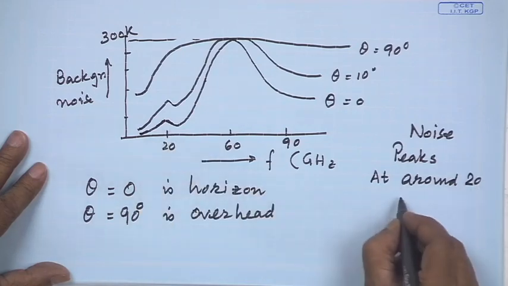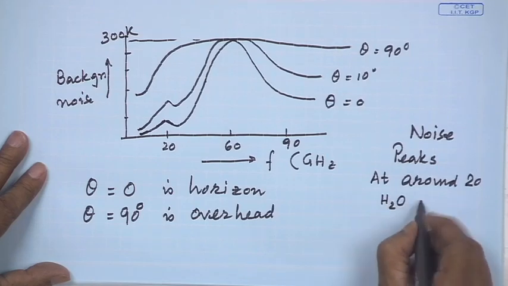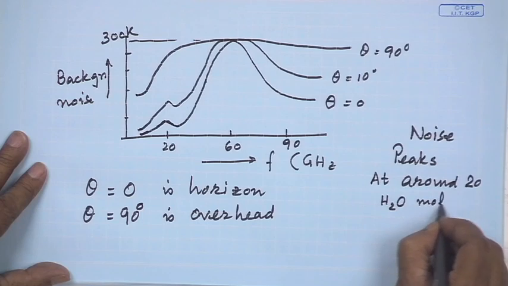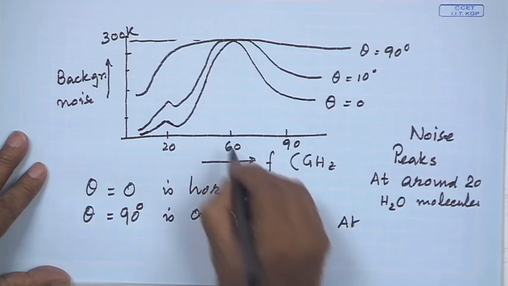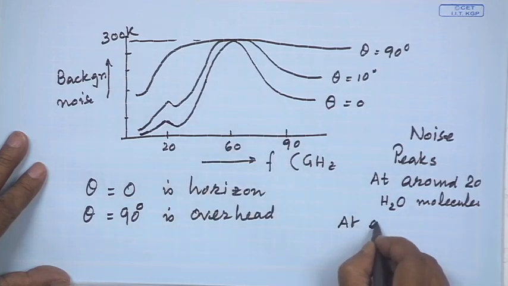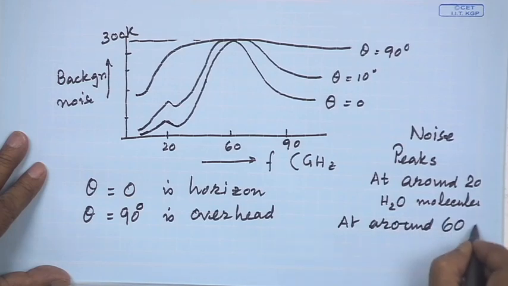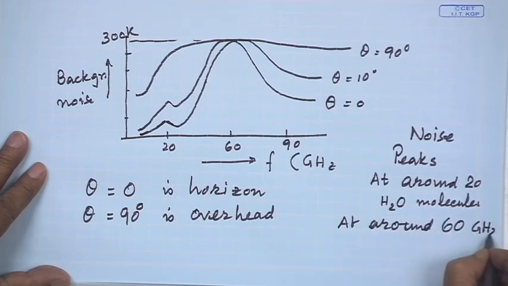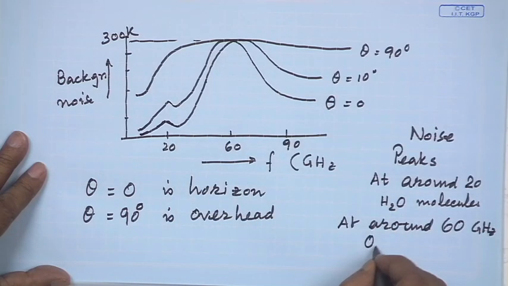This is due to the H2O molecules, that is water vapor, which generates some type of noise. And we also see another peak at around 60 gigahertz, which is due to oxygen molecules.